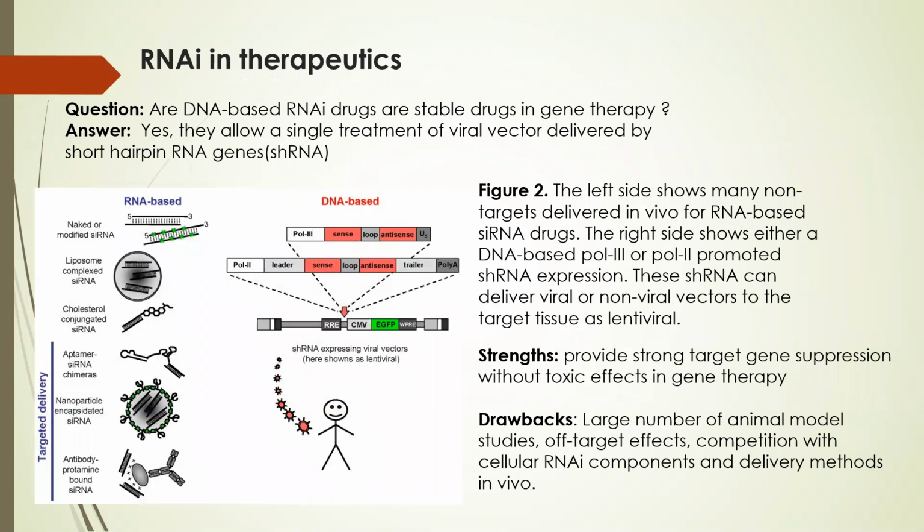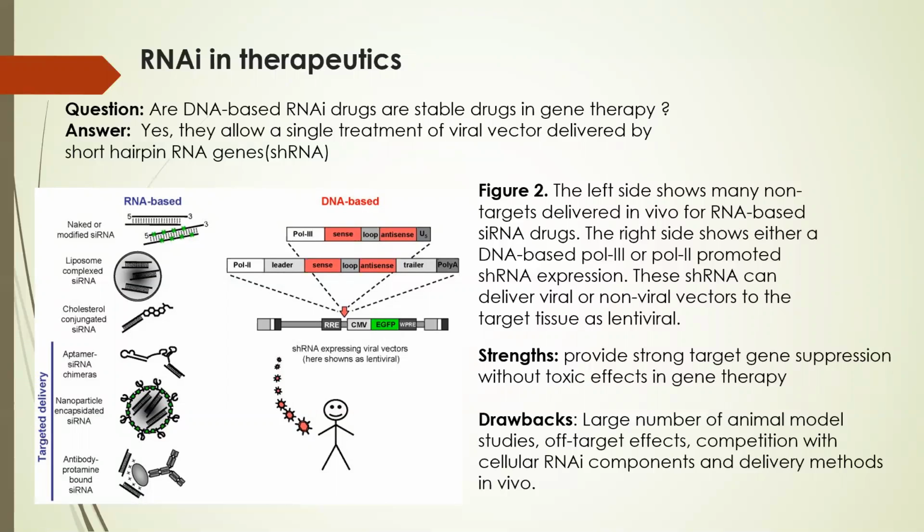For the second article that I found, scientists questioned whether DNA-based drugs and RNA interference drugs are really stable drugs in gene therapy. Well, the answer is yes, because they allow a single treatment of viral vector delivered short hairpin RNA genes.